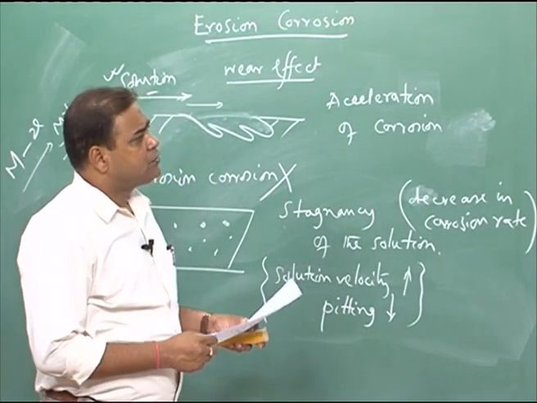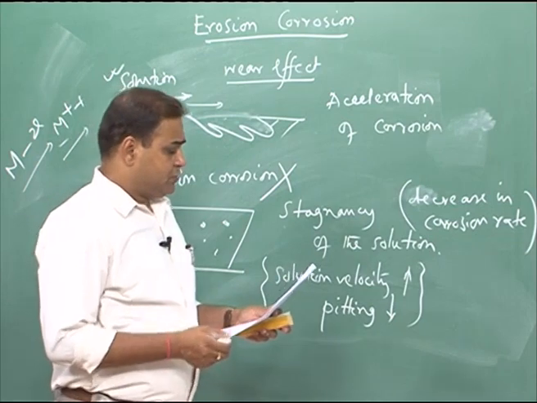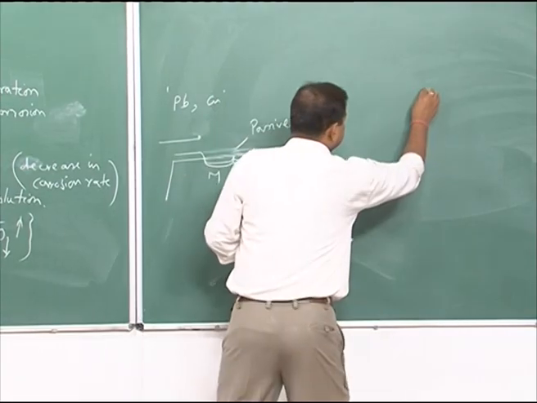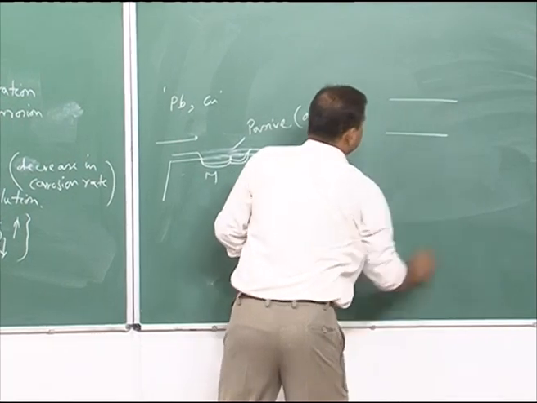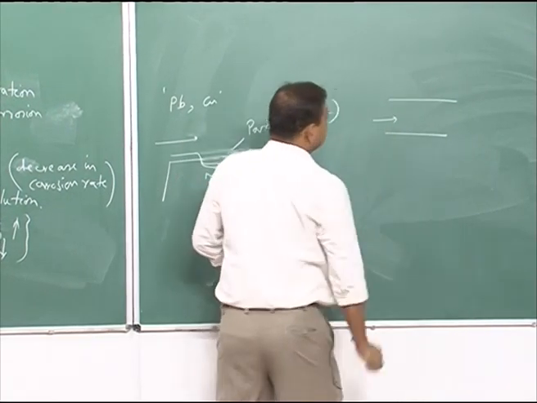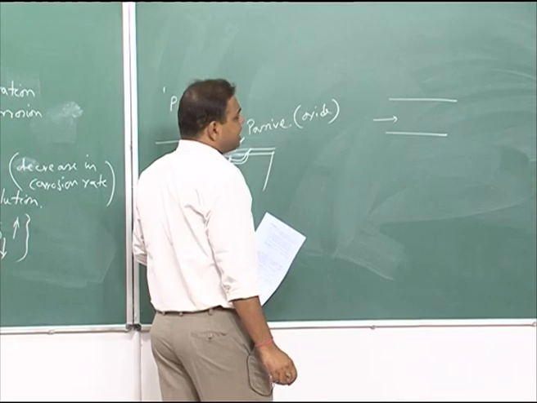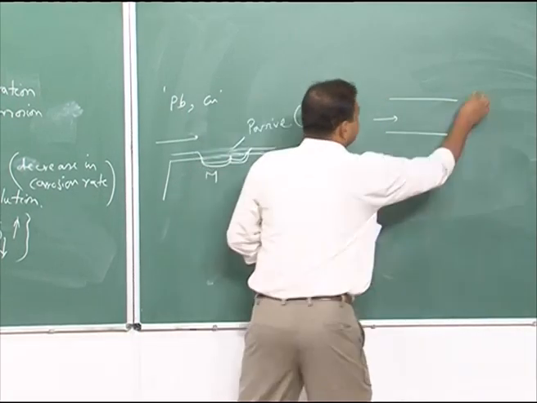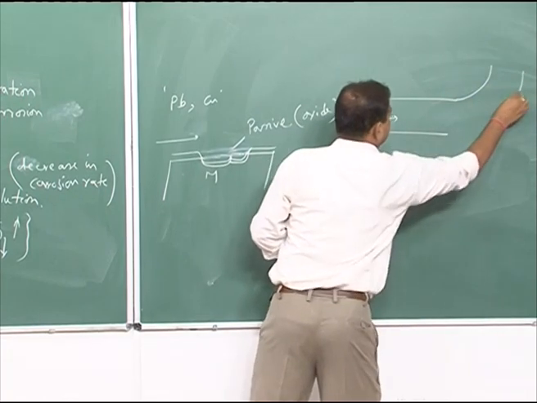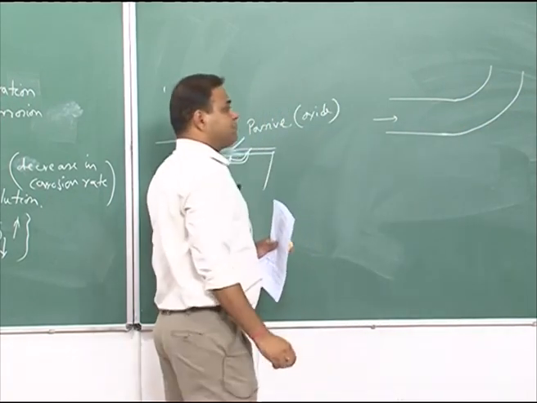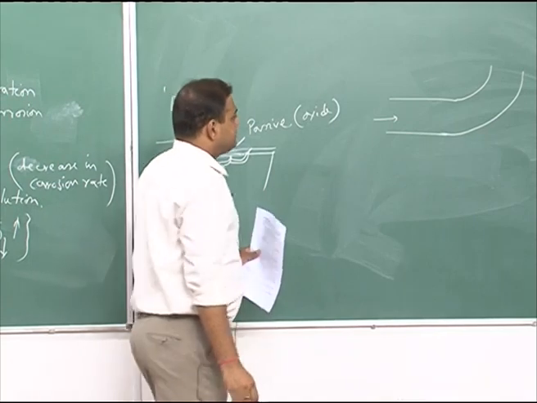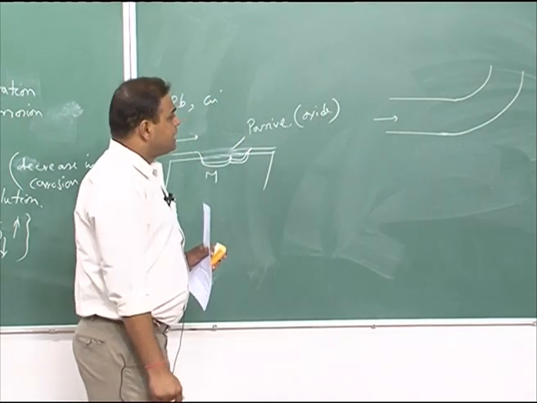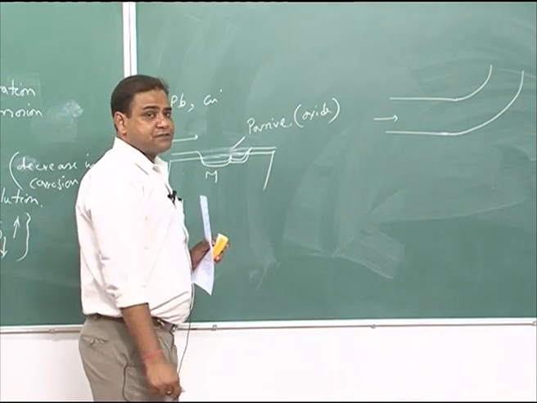And where could it happen severely? For example, if we have let us say a pipeline, the solution is moving, and generally, unless the pipeline has a break or a bend, let us say this is a bend in the pipeline, till that moment the solution always achieves a linear, laminar flow, and that is not that dangerous.